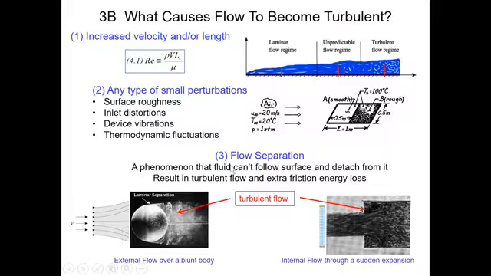The third cause is flow separation. Whether it is external flow or internal flow, flow separation creates a weak region. The flow in the weak region is turbulent flow.